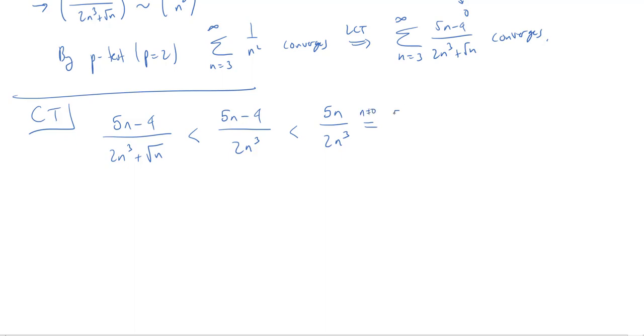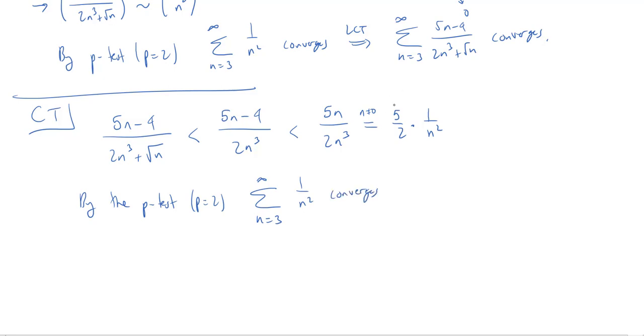And I'm going to get 5 over 2 times 1 over n squared. And now we know, again, by the p-test with p equals 2, we know that the sum, n goes from 3 to infinity, of 1 over n squared converges.